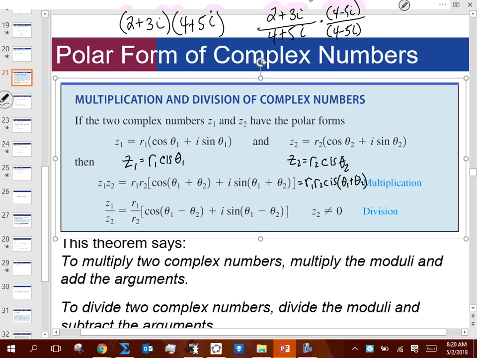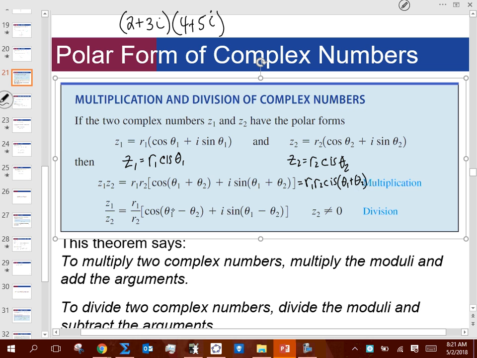But in polar form, if I want to divide two complex numbers, I take their moduli and I divide them. Now it is important: division is not commutative. So it is important how I'm dividing them. Does that make sense? So if it's z1 over z2, then it's r1 over r2, and theta 1 minus theta 2. If it was z2 over z1, it'd be r2 over r1 and theta 2 minus theta 1.